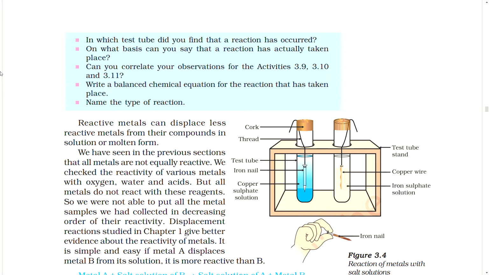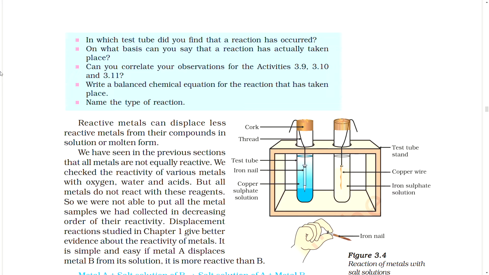Reactive metals can displace less reactive metals from their compounds in solution or molten form. We have seen in the previous section that all metals are not equally reactive. We checked the reactivity of various metals with oxygen, water and acids. But all metals do not react with these reagents.